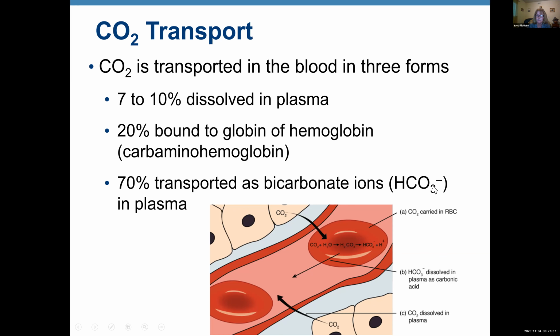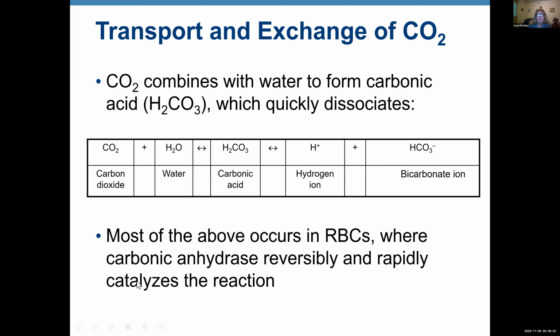So this is HCO3 minus in plasma, right? When carbon dioxide reacts with water, it forms carbonic acid. Carbonic acid is not stable. It dissociates into hydrogen ion and bicarbonate ion, right? So most of the carbon dioxide is carried in this form, as bicarbonate ion.